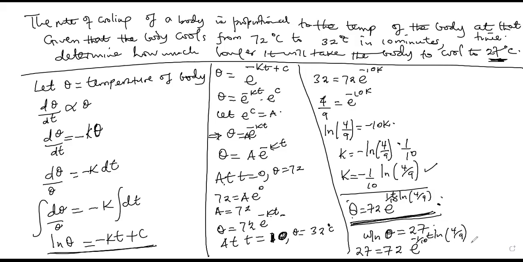So here we can divide by 72 both sides. So we shall have 27 out of 72 is equal to e power 1 over 10 t ln 4 out of 9.